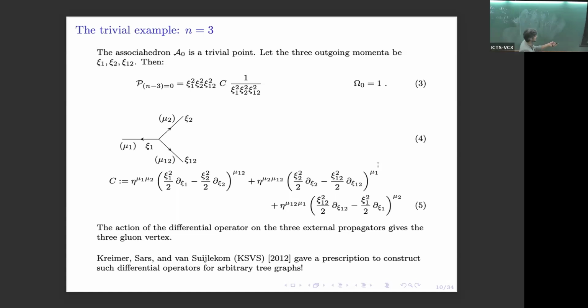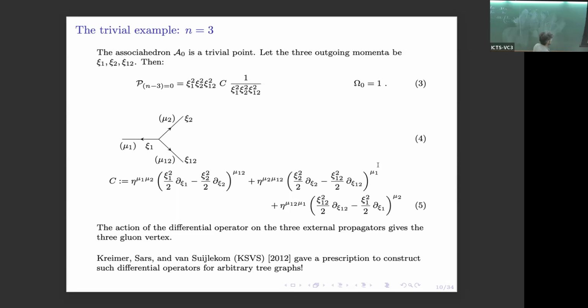We say that xi1, xi2, xi12 are independent of each other. So you can take this thing, differentiate this object, and you will get the vertex. The mu's are Lorentz indices, yeah. Mu1 is a Lorentz index, mu2 is a Lorentz index, mu12 is a Lorentz index, yeah.